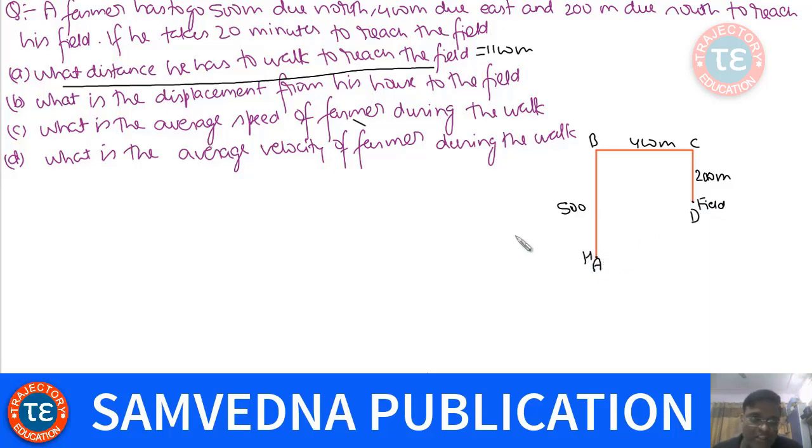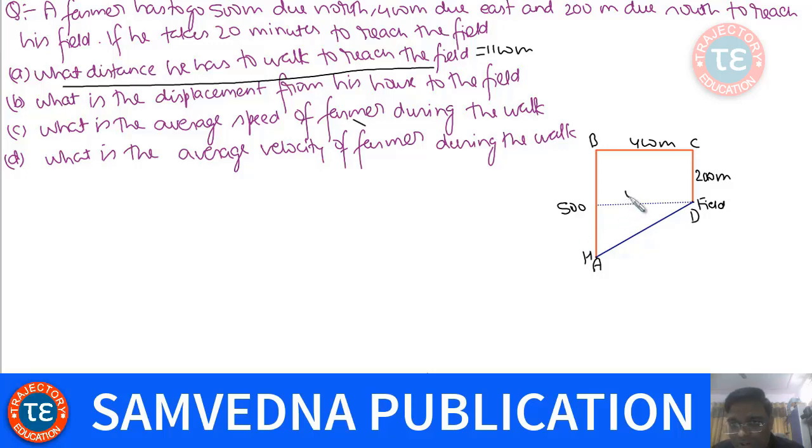So we want displacement. Displacement means you have to give me the straight line distance between the initial position and final position. That's the displacement. We have to find this value, right? So in order to find this AD, let me draw a line parallel to BC.